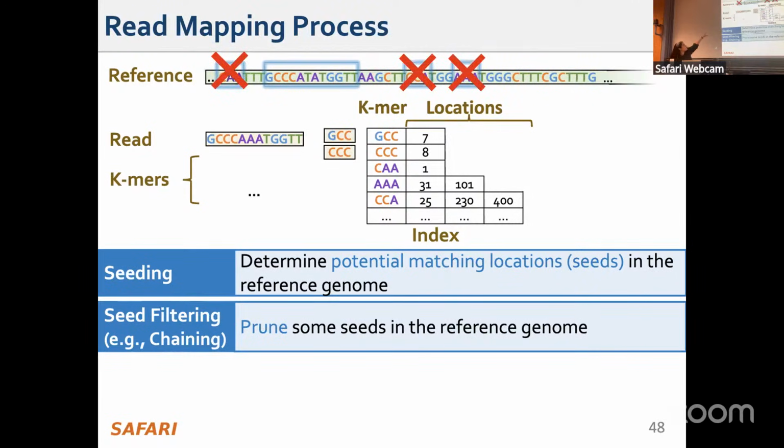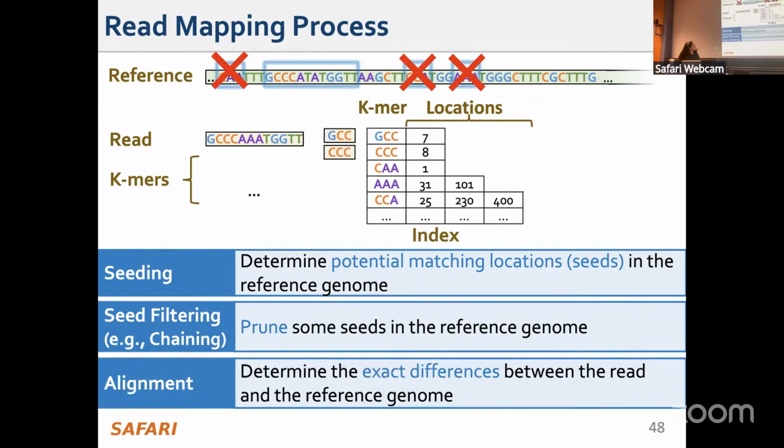You can see some seeds are very far away from each other, so why would something map there anyway? Based on some high-level approximations of that alignment process, one can easily get rid of some really unlikely locations. Whatever moves through, we go to finally this expensive alignment step to find the exact similarities and differences using the approximate string matching operations.